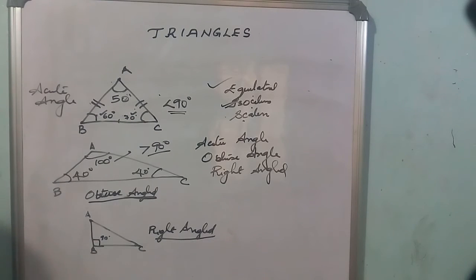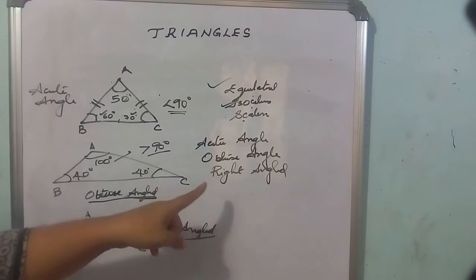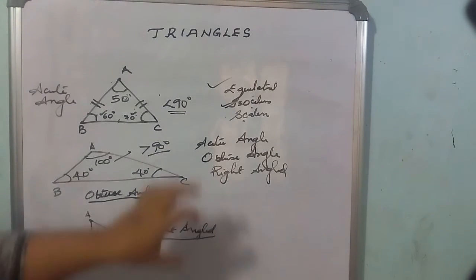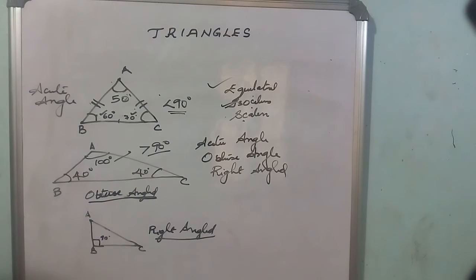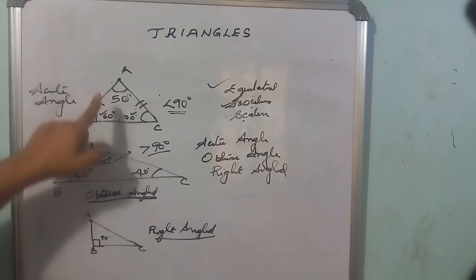So what we have learned till now is equilateral triangle, isosceles triangle, scalene triangle, and the next set is based on the angles: acute, obtuse and right angle. In an equilateral triangle, as I have already mentioned, all the sides will have equal lengths.